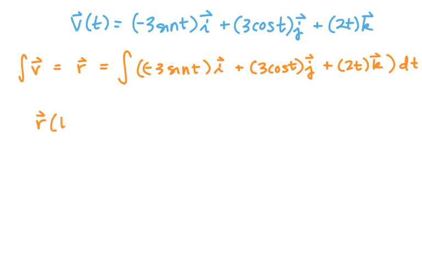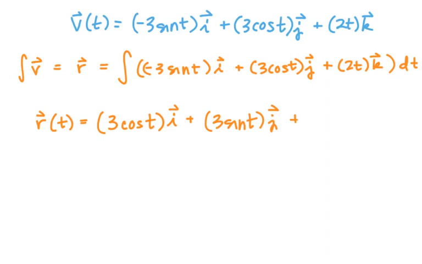So my position function r of t: the integral of negative 3 sine t is going to be positive 3 cosine t i. The integral of 3 cosine t is going to be positive 3 sine t j. And then the integral of 2t is going to become t squared k plus another arbitrary constant. In this case, we'll call it c sub 2.